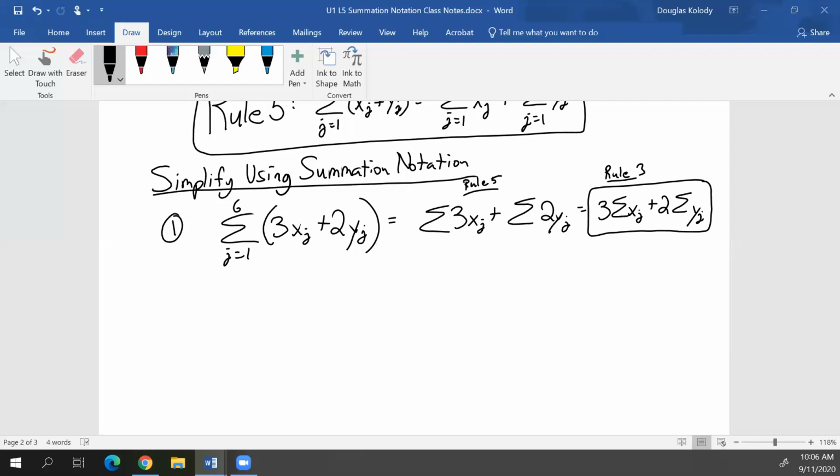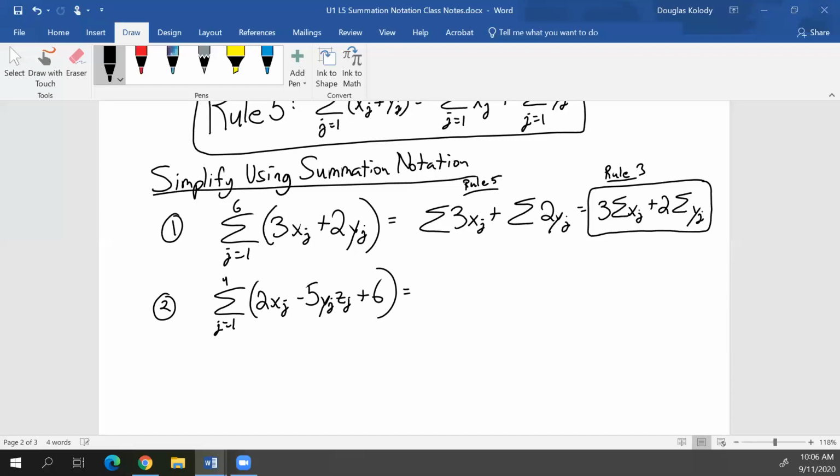Okay? So let me do one more with you of simplifying. How about the sum as j goes from 1 up to 4 of 2 times x sub j minus 5 times y sub j, z sub j, plus 6. Okay? All right, so with that said, I need to work this out.